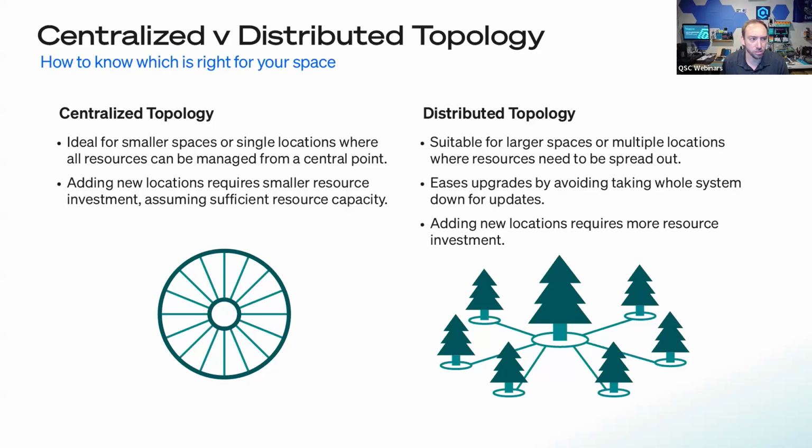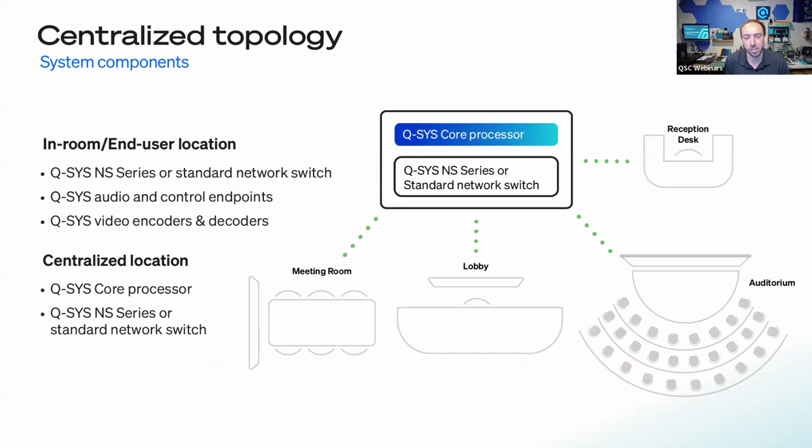And just to highlight these more visually, here's an example of a centralized topology. So we have a single core processor and a network switch landed in a rack somewhere, not in each of these individual rooms. And then in the meeting room, we've got some I/O, audio and control endpoints like QIO boxes or NV video encoders and decoders, and cameras.